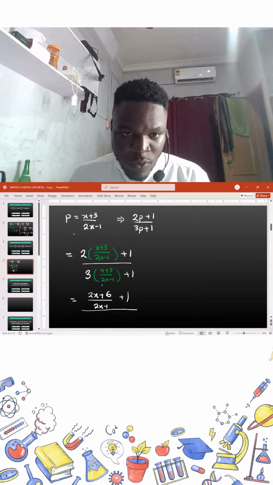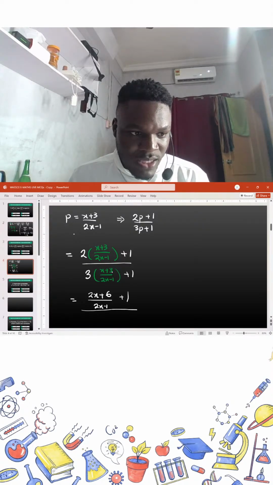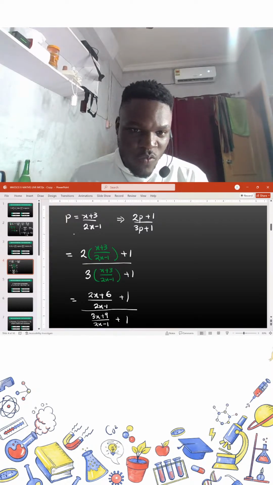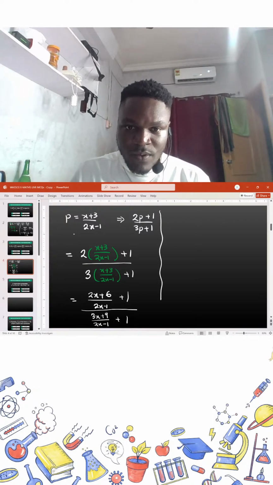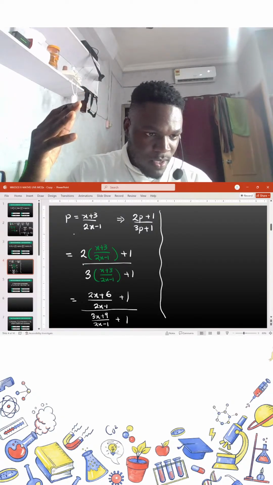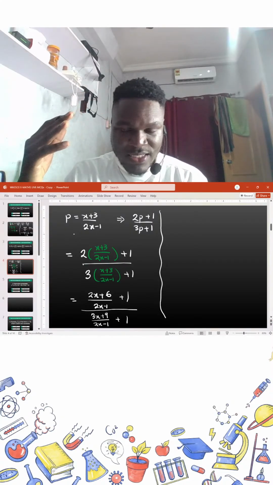Then at the bottom, we do the same thing. We use the 3 to multiply through. So we have 3x plus 9 all over 2x minus 1, and then we have the plus 1 over here. So this is what we have after we expand the expression at the top. Guys, I hope we are okay, and I hope we understand.